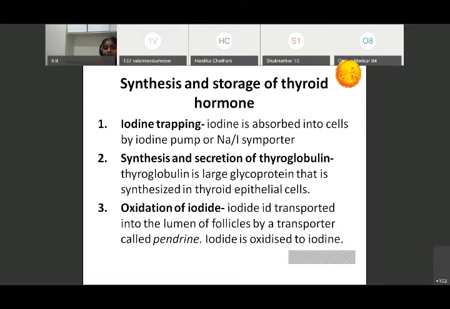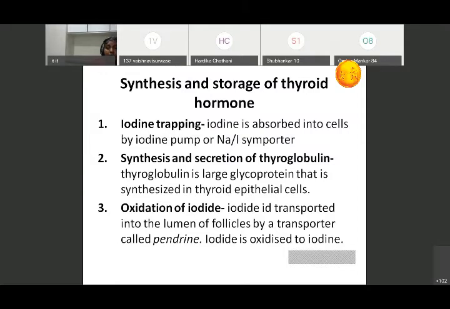Now, the third stage is oxidation of iodide. Iodide is transported into the lumen of the follicles by a transporter called pendrin. See, the iodide should be converted into iodine, and only then does it combine with the tyrosine and form the thyroglobulin, T4 and T3.